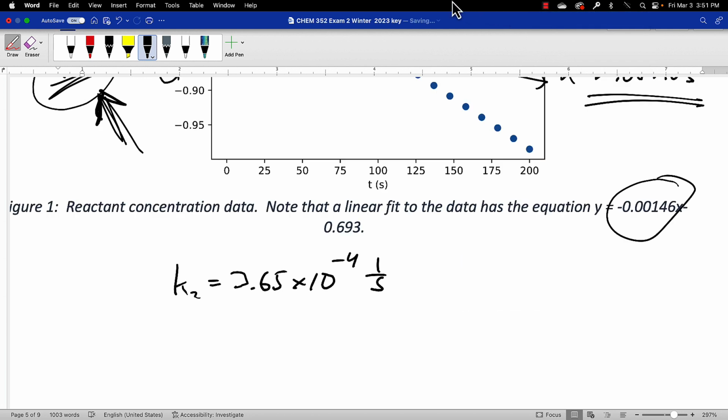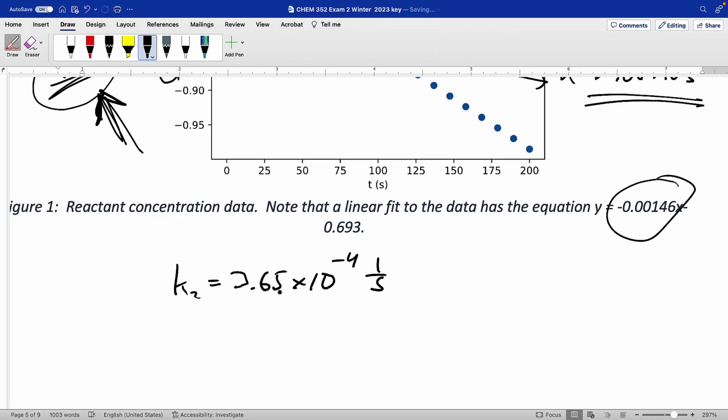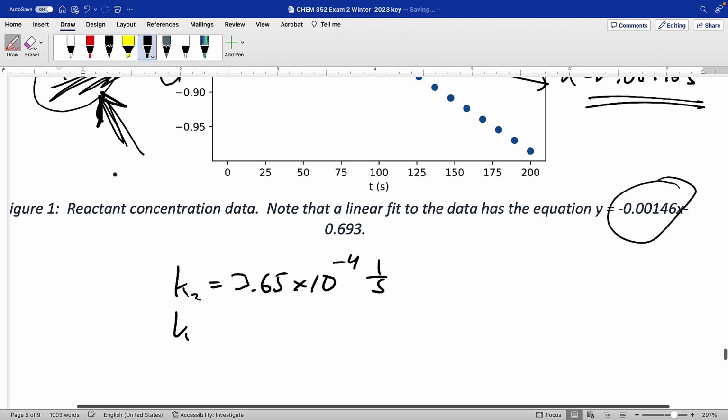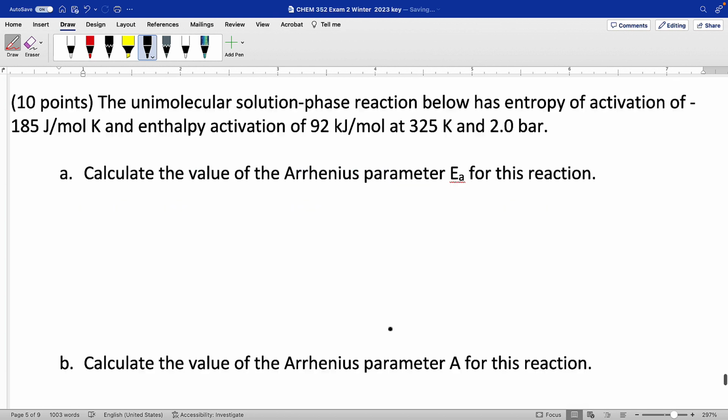So if we just divide our k total by 4, we get k2, and then we multiply that by 3 to get our k1, the faster reaction, we get 1.095 times 10 to the negative 3 reciprocal seconds.